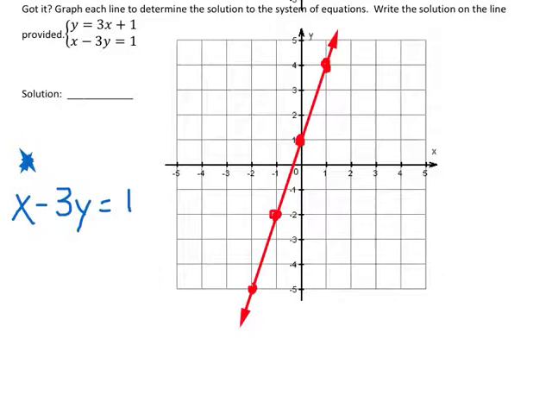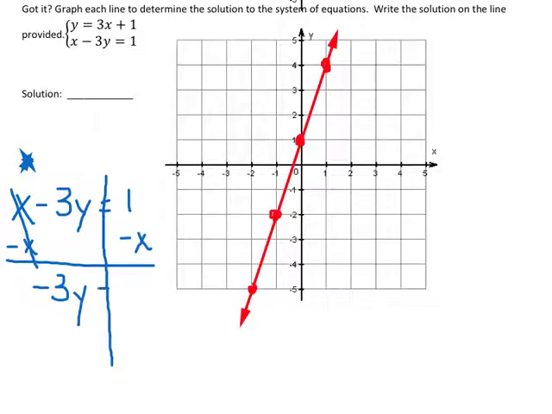So I'm going to subtract x from each side. When I do that, negative 3y equals negative x plus 1. And then I'm going to divide by negative 3. When I divide by negative 3, I need to make sure I divide everything by negative 3.